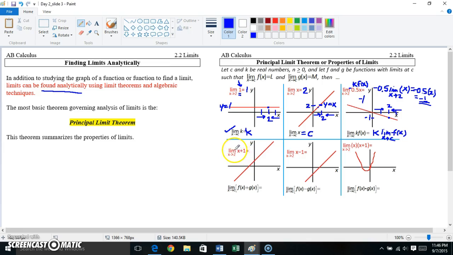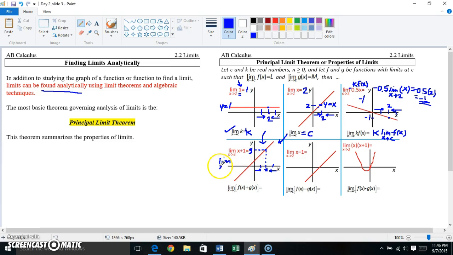Here we have the limit of a sum. X and 1 are being added together. So it's kind of like I've added these first two functions together. Let's look at it graphically first. As x approaches 2 on the left, and x approaches 2 on the right, our y value is going to approach 3.